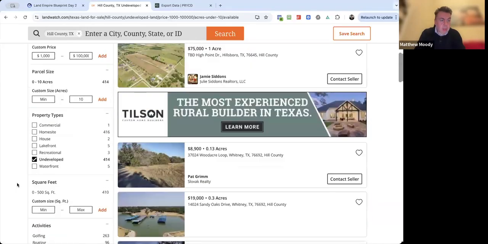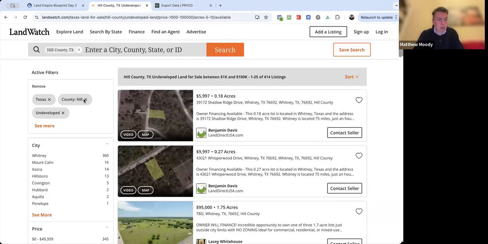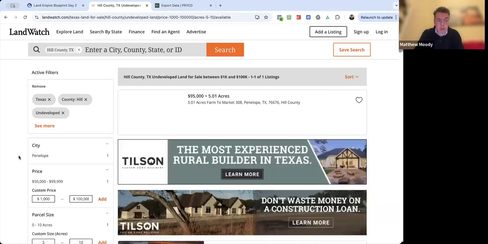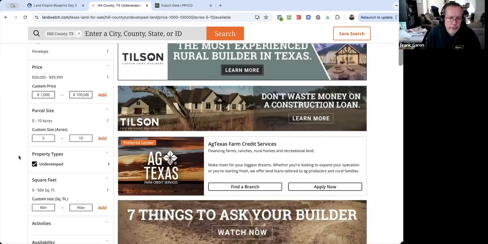Now, do bear in mind that this is just an indication at this stage. And what you can do is obviously go into further detail and be very specific. So we could say, well, look, I'm only interested in the 5 to 10 acres. I'm not interested in anything below that. So let's just see what that looks like. It should filter us out a fair bit.